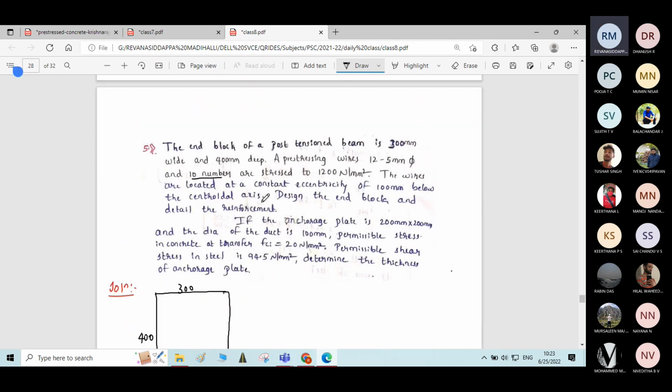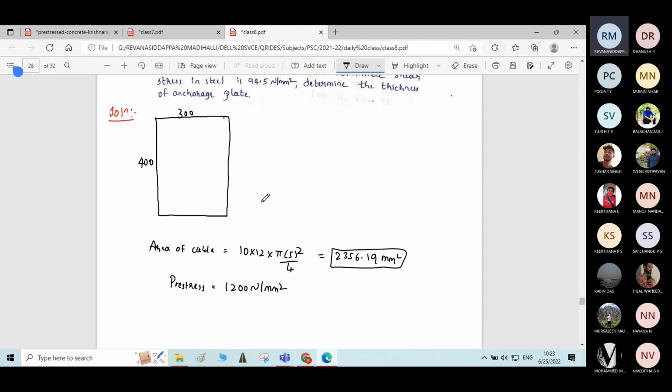Then the wires are located at a constant eccentricity of 100 mm below the central axis. Okay, write the longitudinal section of the beam and write the central axis as well.